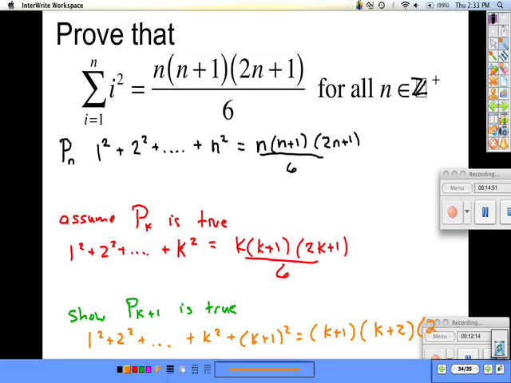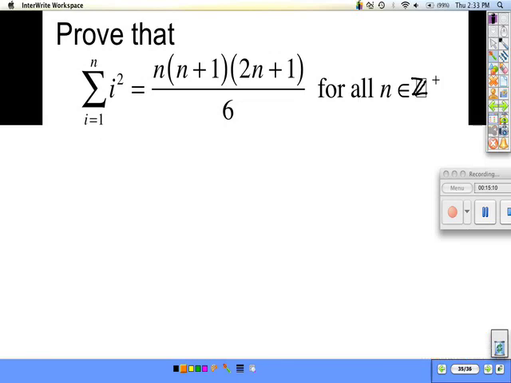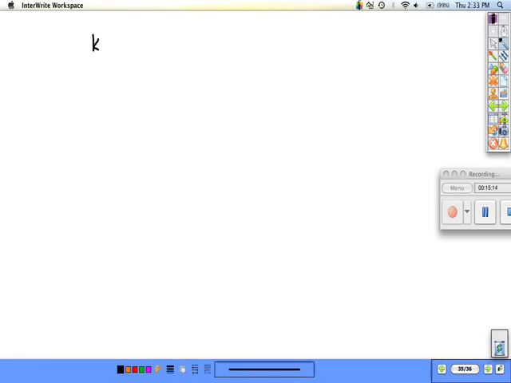That's our task. And we're going to recognize that the first part of this series is what we're assuming to be true. So we can say that that is k times k plus 1 times 2k plus 1 divided by 6, but it's still being added to k plus 1 squared. We'll need a common denominator.